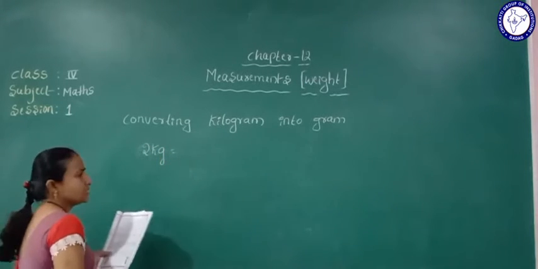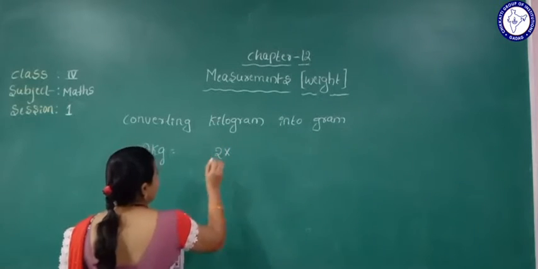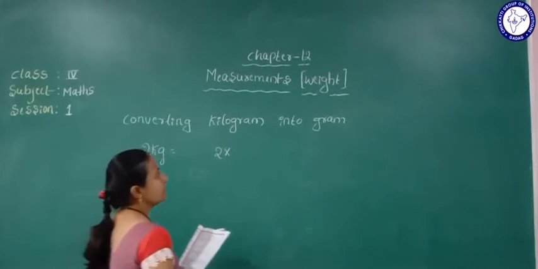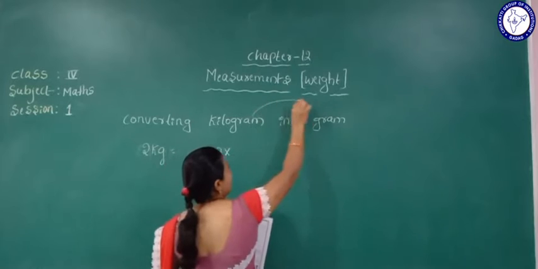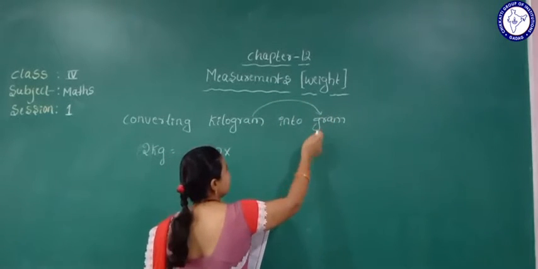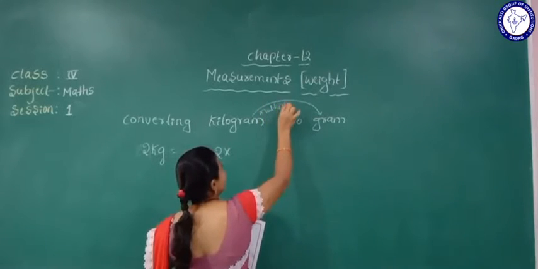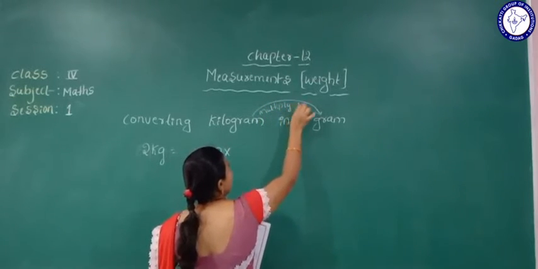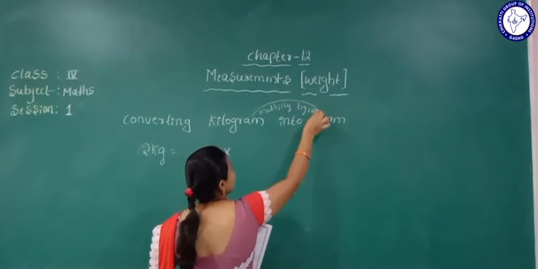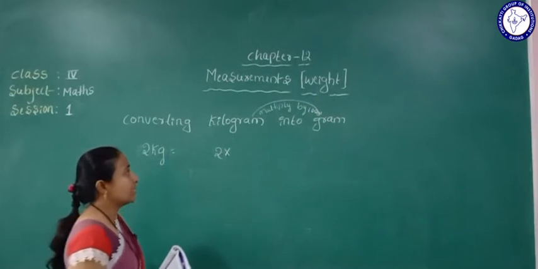2 kg, how will we do it here? 2 into means we will multiply. Converting kilogram to gram, what will we do? Multiply by 1000. Sorry, not 100, 1000.